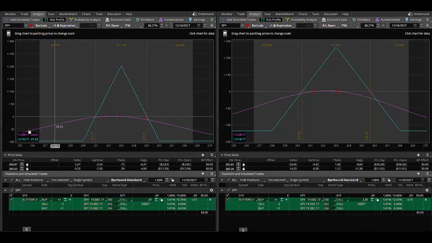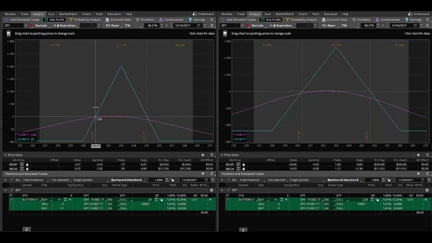So some people would look at this and say, oh, this is a better trade because I'm not risking as much, and if it finishes in the center, I have a chance of making twice as much. And that's all well and good if that's all you're looking for. On this side, you're risking $235 to try and make $265. You are getting a little bit more probability here, and the probability is because you're getting a little bit more width.